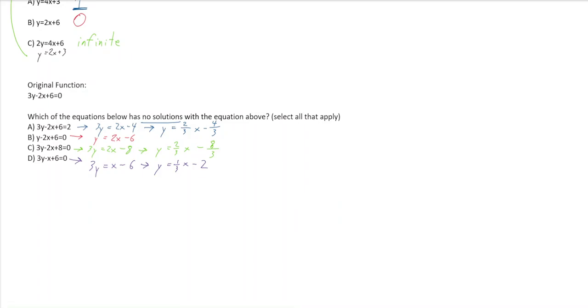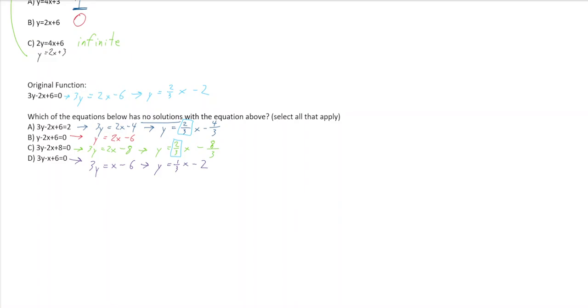Well, we can take the above equation and do the same thing. 3y equals 2x minus 6, then divide by 3 everywhere, so we get y equals 2/3 x minus 2. So which of these have the same value for the slope? Well, these ones have the same value for the slope, right? And none of the other ones do.